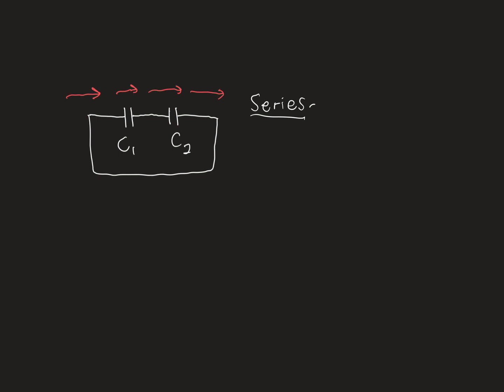To do that, there's an equation. 1 divided by the total capacitance is equal to 1 divided by C1 plus 1 divided by C2. So capacitors in series, I think of them as adding in a weird way.